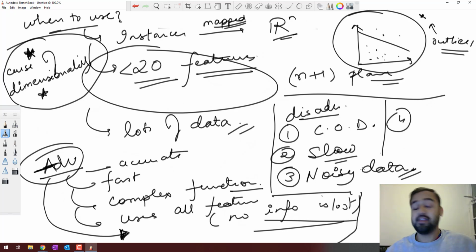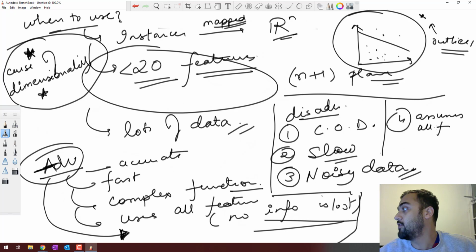Some of the features might not be that useful, but still it will assign the same weight to that feature, hence leading to inefficiency. Therefore, it assumes all features to be equally important, which is wrong.